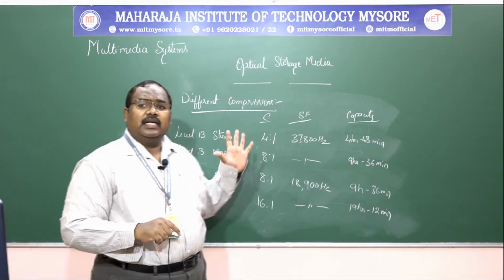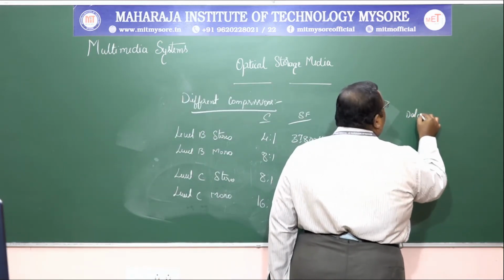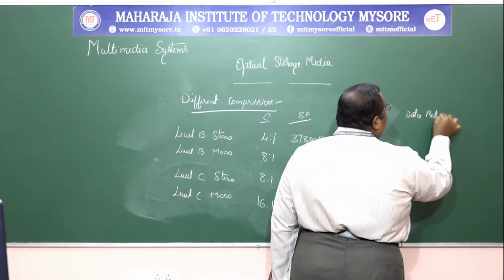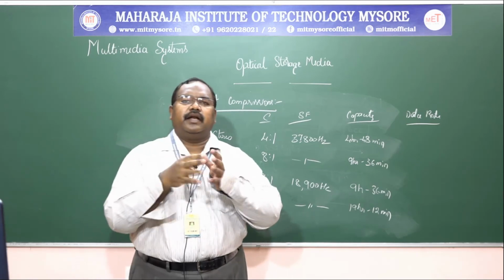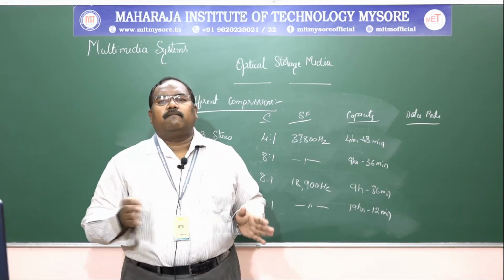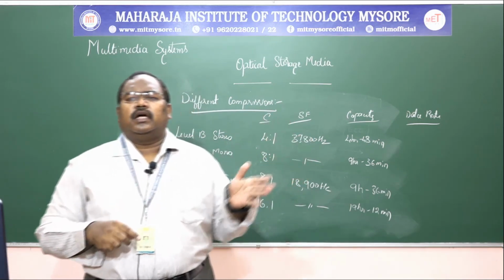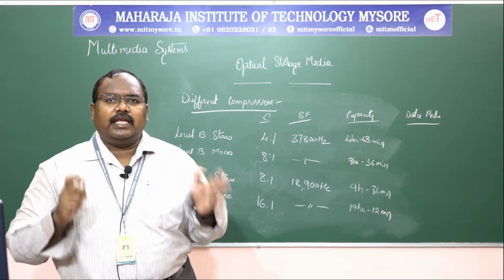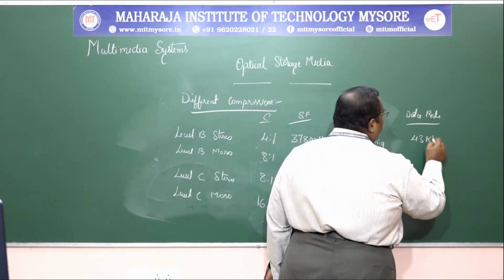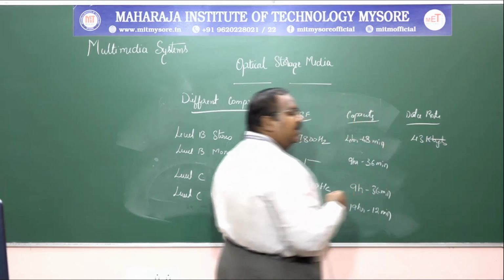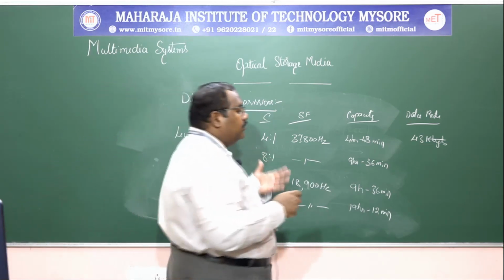So when we talk about the data rate, what do you mean by data rate? Data rate is the rate at which information is exchanged between two media, or the rate at which information is transferred from one place to another. In the first one we have almost 43 kilobytes of information, that is 43 KB. The data rate is high. When we compare to the mono, it is 22.